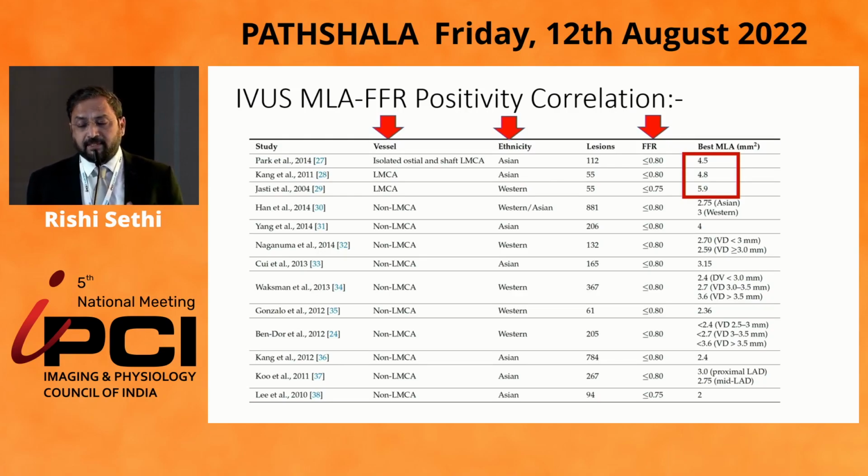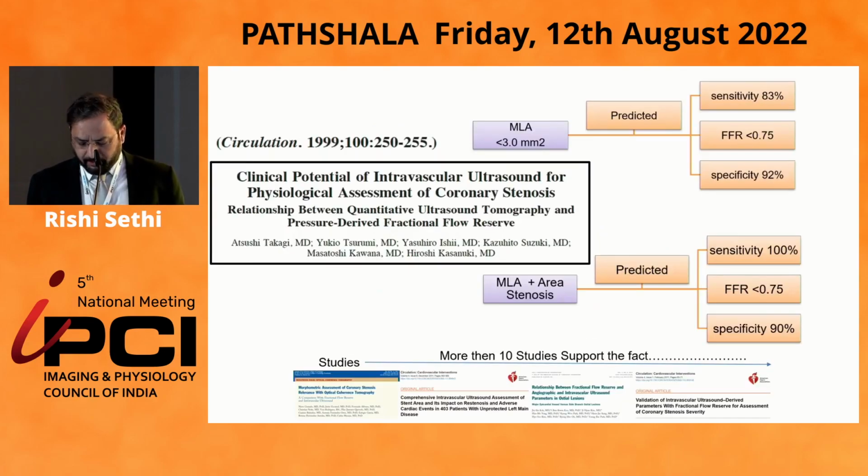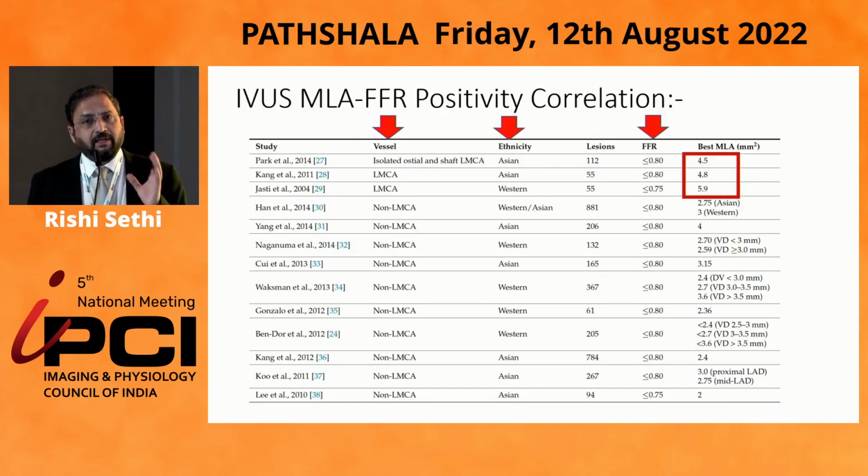For Asians, it's predominantly hovering around 4.5, and for the Western counterparts, around 6 millimeters square. That relates to FFR positivity. For non-left main diseases, it is hovering somewhere between 2 to 4 millimeters square in various studies.